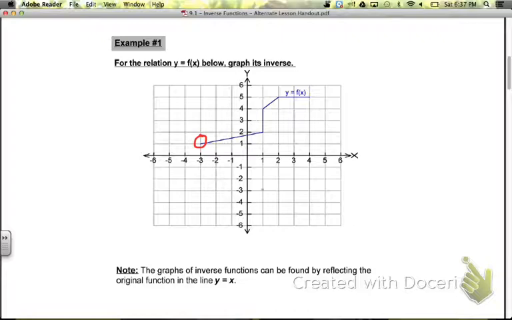And then our next point that we're going to look at is this point right here at (1, 2). And when we go to graph that, we're going to graph it as (2, 1). And then we look at our next point, (1, 4). So now when we go to graph this, we're going to graph it at (4, 1).